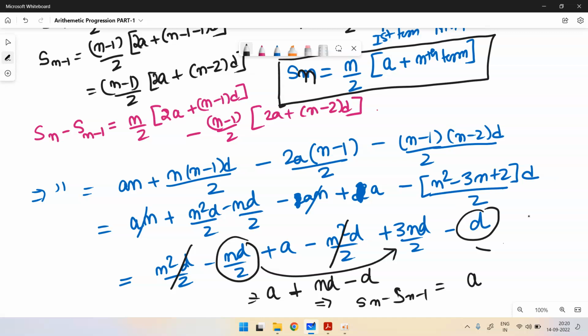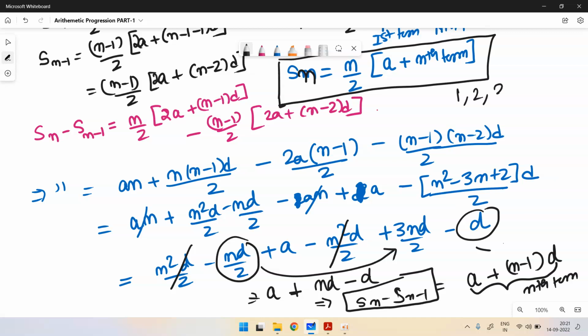So this is a plus n minus 1 d, nothing but the nth term. So sum till nth term minus sum till n minus 1 term will give me the nth term, and the logic also says this.